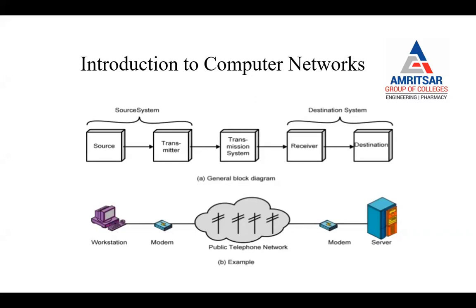We need one source and one destination, because whenever we transfer data, we want the destination address, whether it is an IP address or an email address. At that time we need receivers, transmitters, or transmission mediums.